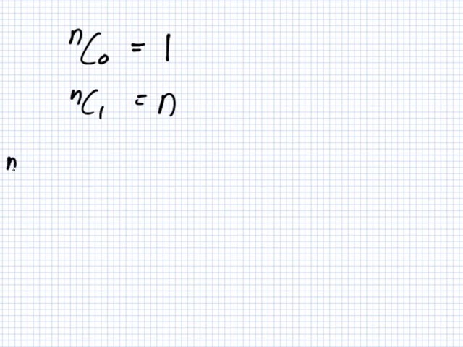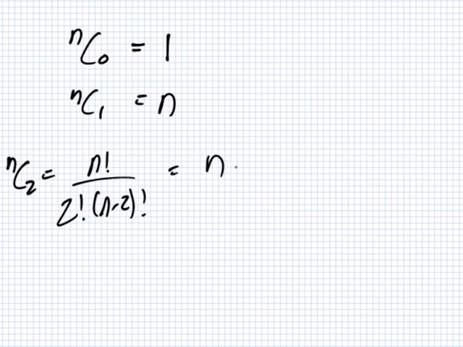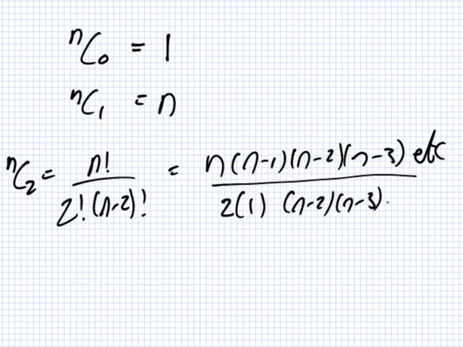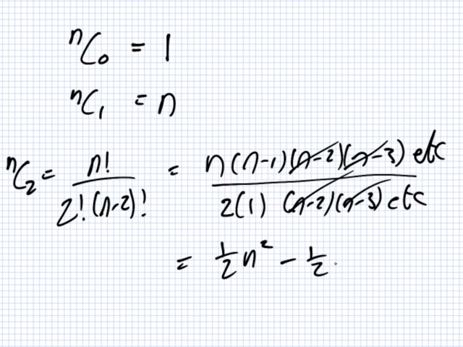Next one's a bit harder to calculate. nC2 is n factorial over 2 factorial times n minus 2 factorial, which is n times n minus 1 over 2. Cancel, cancel, cancel. A half n squared minus a half n is what you're left with.